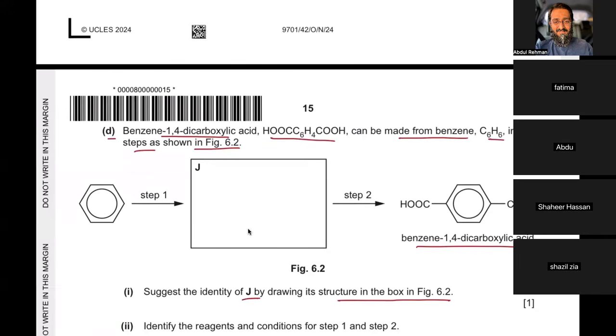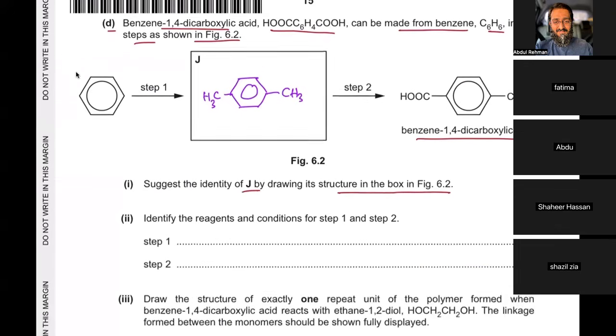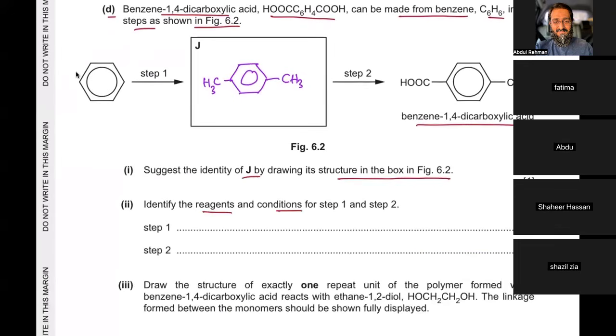Yes, very good, Shazil. Very good, Arish. So over here we have a benzene ring. And if we get the two methyl groups, these two can be oxidized in step 2, right? Yes, very good, Shazil. Identify the reagents and conditions for step 1 and step 2. So for step 1, as CH3 is being added to a benzene ring, CH3Cl along with AlCl3.